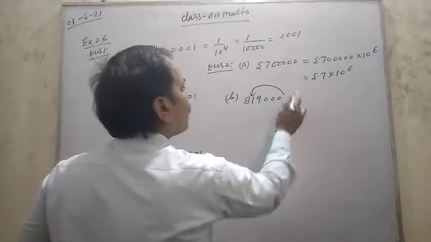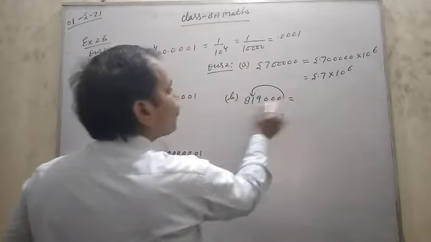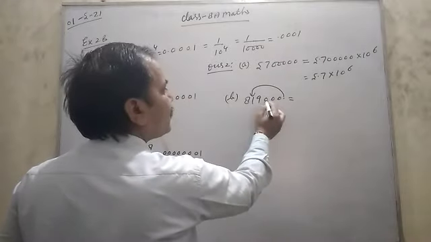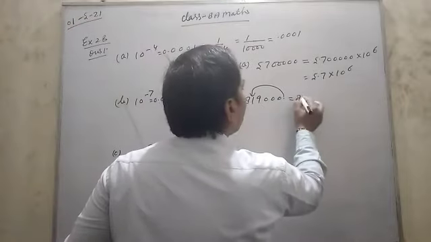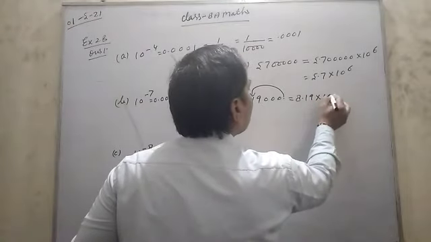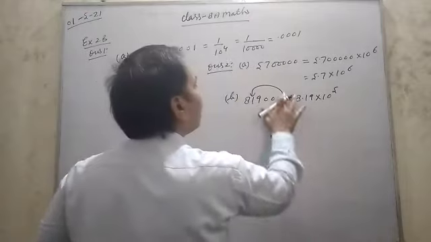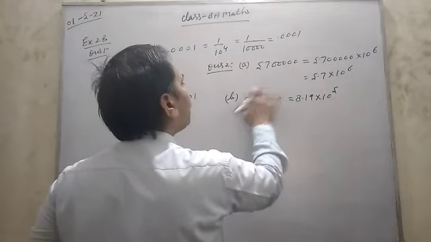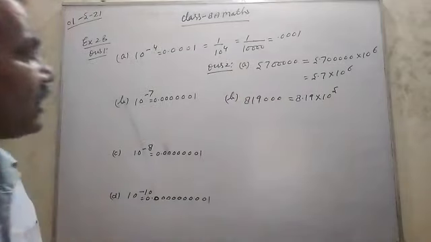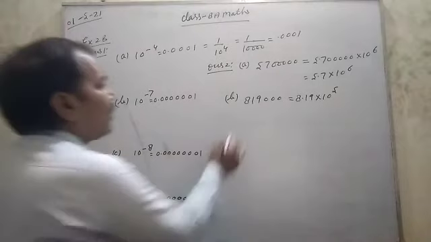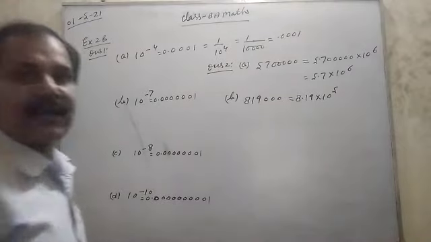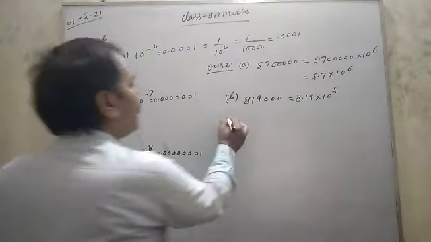How many digits shifting? 1, 2, 3, 4, 5. So 8.19 into 10 to the power 5. Clear? Very simple only. You have to understand the concept. 8.19 is greater than 1 and less than 10.